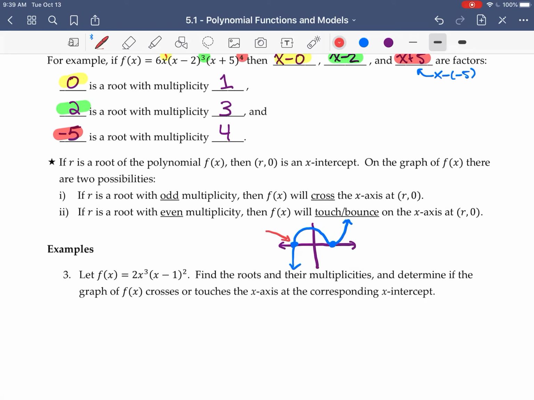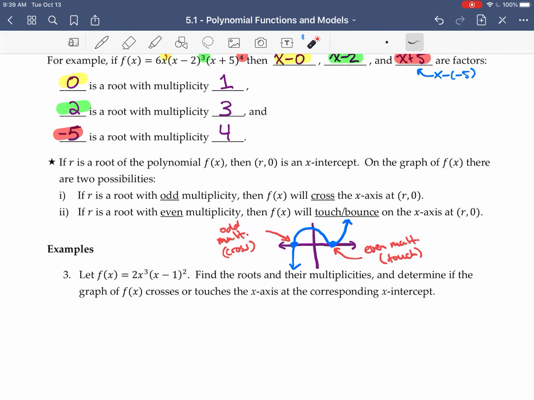This one is going to have an odd multiplicity because it crossed the x-axis. This one is going to have even multiplicity because it just touched but didn't cross. So that's the difference.